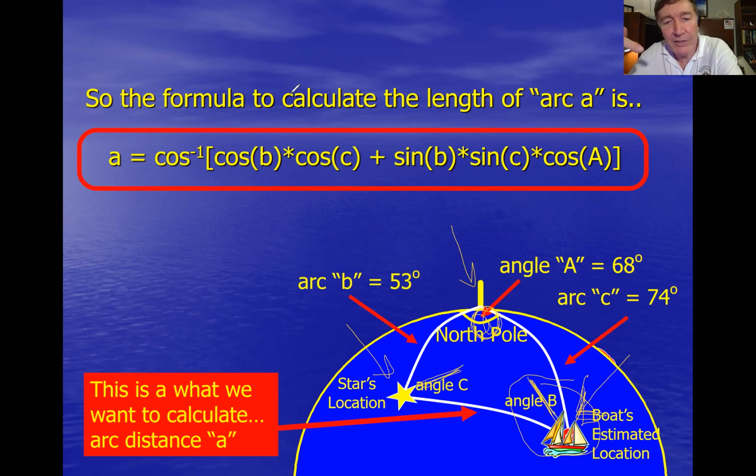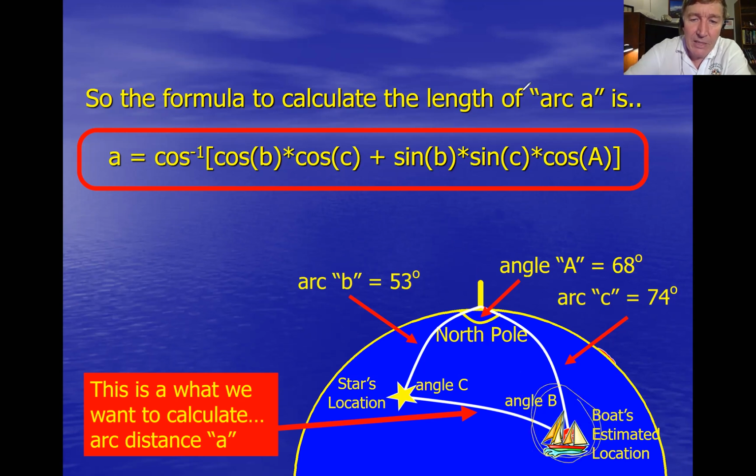Remember, the convention we use is that the angles are always uppercase letters, and the side that corresponds to the angle is lowercase. If this vertex here is B, side b is always the side that's the farthest away from it.